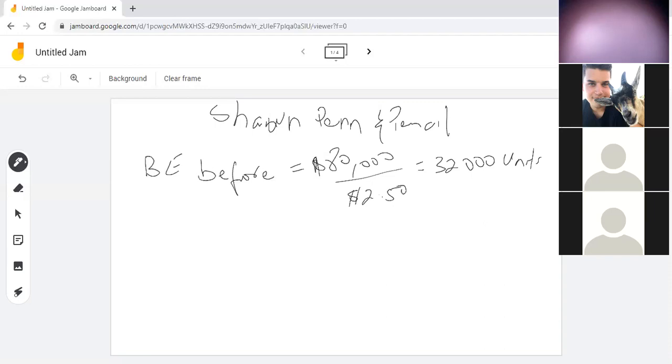For after, our fixed cost will now jump to 120,000. Our variable costs would go down to $2, so we now have $3.